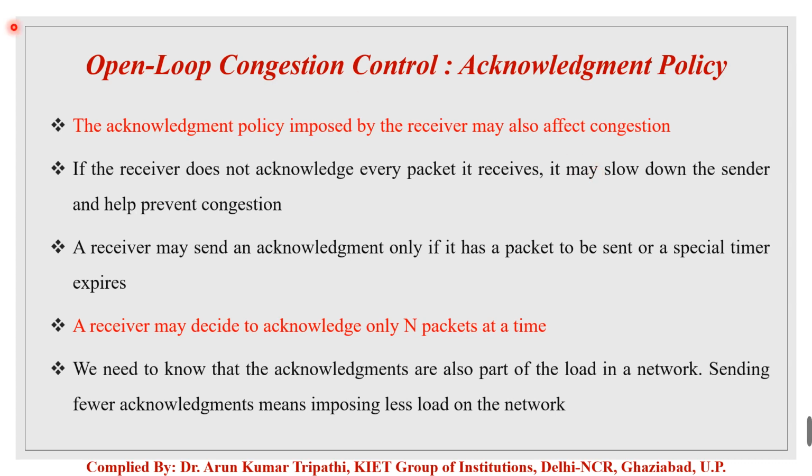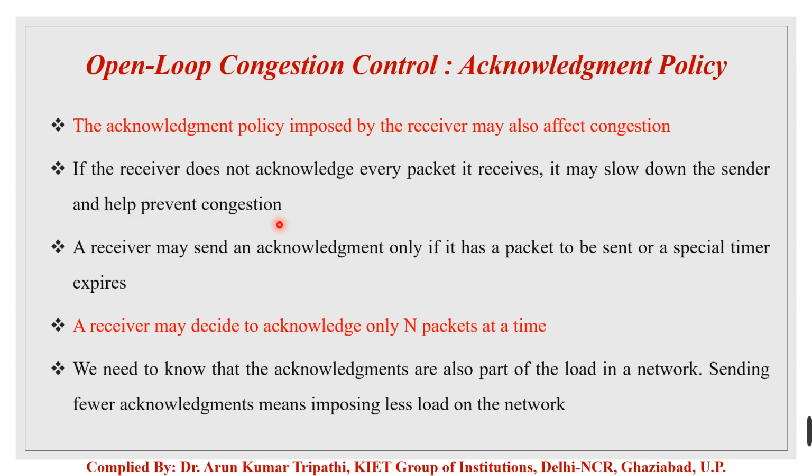capacity. The acknowledgement policy imposed by the receiver may affect the congestion. If the receiver does not acknowledge every packet it receives, it may slow down the sender and help prevent congestion. For example, if I have a window of 10 packets, I will send the 10 packets continuously.